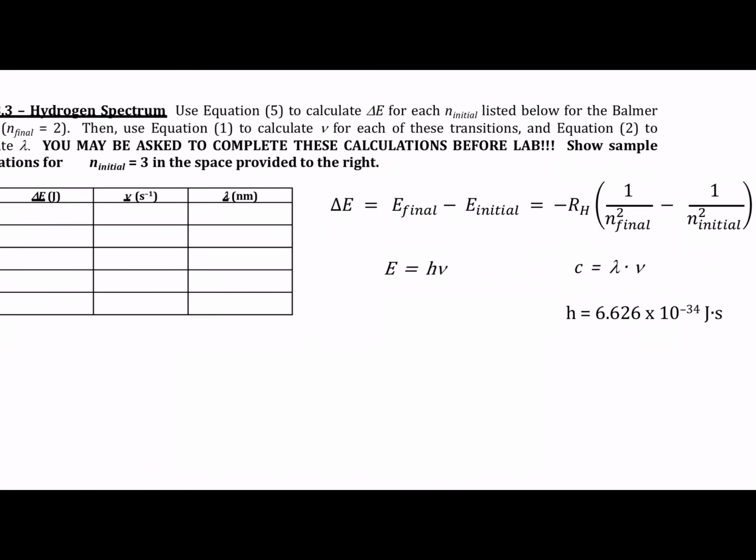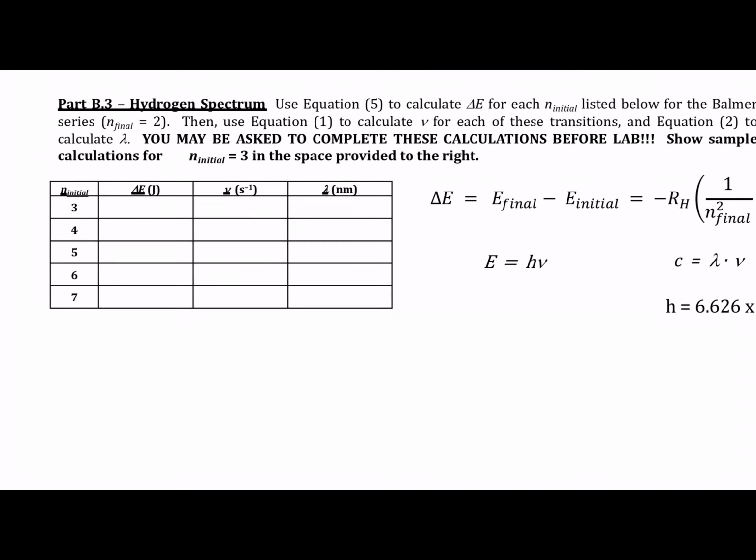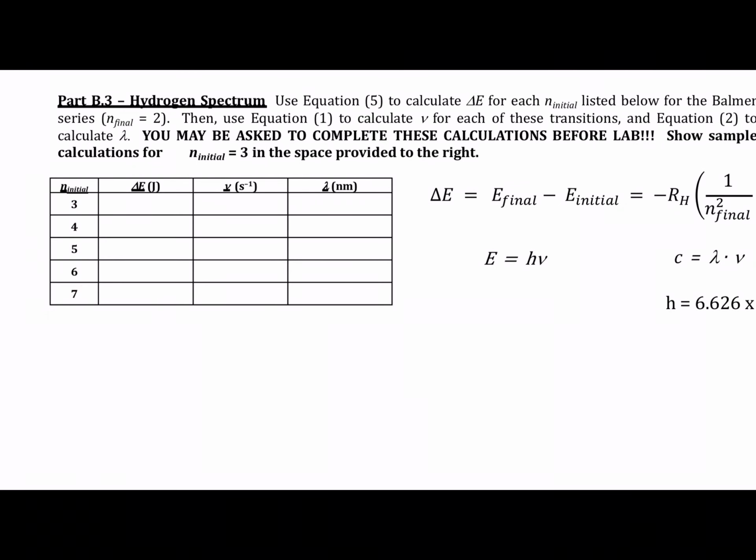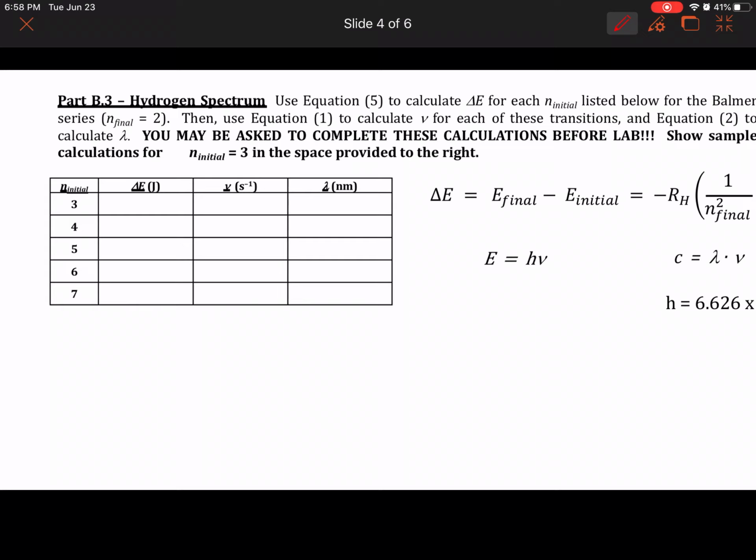For all of these, you're going to be using n final as n equals 2, and n initial is going to be these values. Let's do the first one.